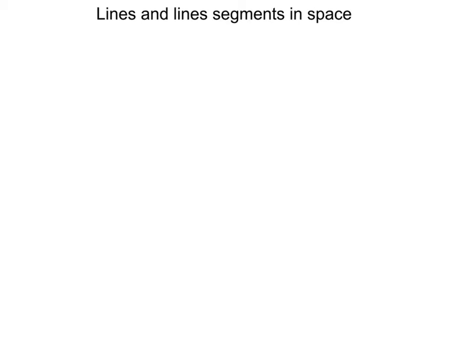Suppose that L is a line in space passing through the point P sub 0, which is at x sub 0, y sub 0, and z sub 0.